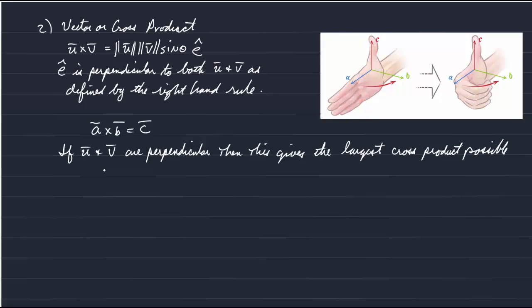Right? Because U cross V will be equal to the magnitude of U times the magnitude of V, because sine of theta will be 1.